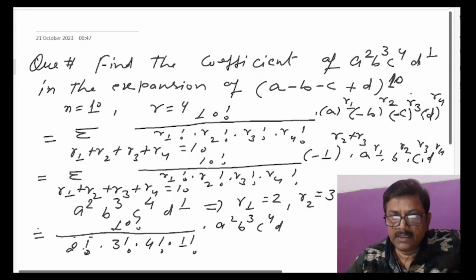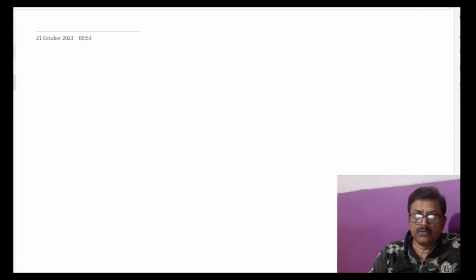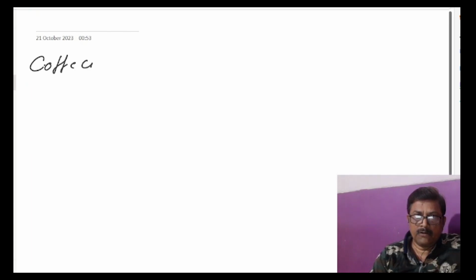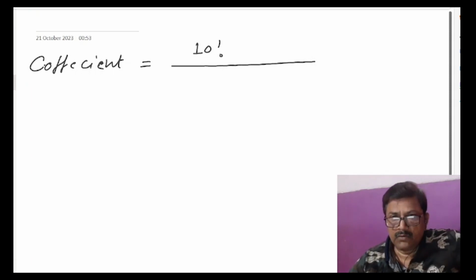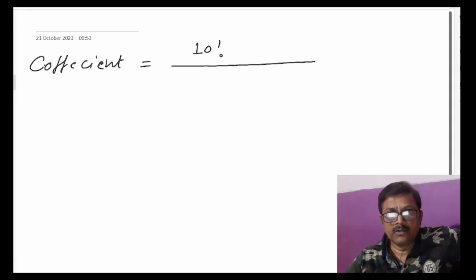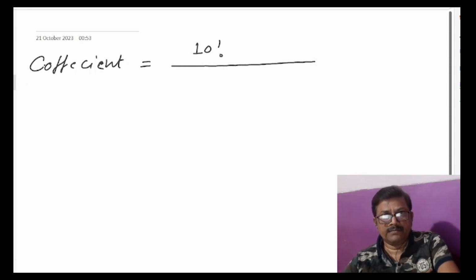So what is the answer? What is the coefficient? I am taking a new page. So the coefficient is our 10 factorial upon, what was that? 2, I think. 2 factorial.